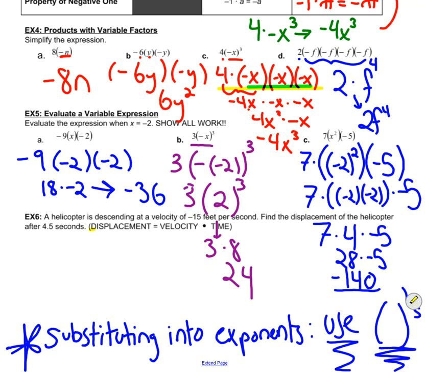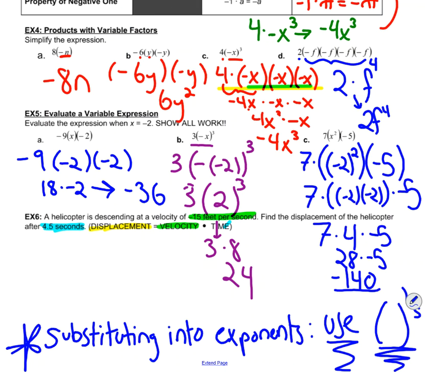So displacement, that's what we want. I'll highlight that in yellow, is equal to velocity, highlight that in green. Looking back at our sentence, a helicopter is descending at a velocity of negative 15 feet per second. So that is going to be our velocity. Find the displacement of the helicopter after 4.5 seconds. That will be our time.